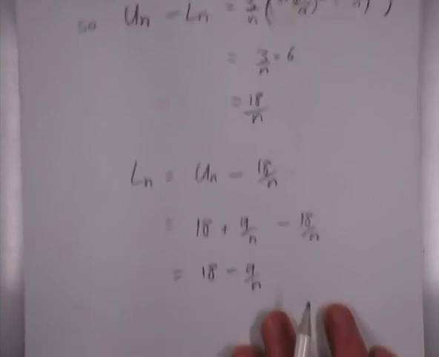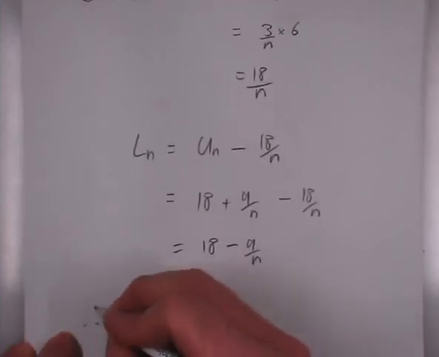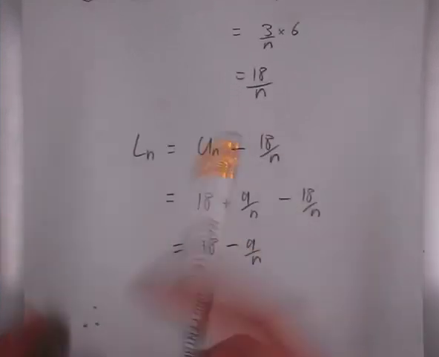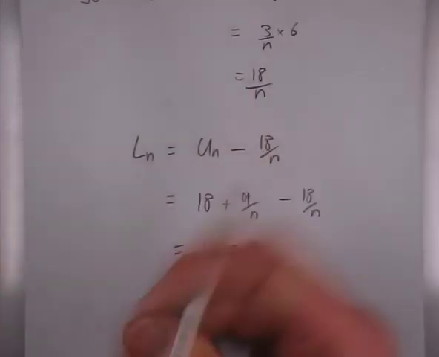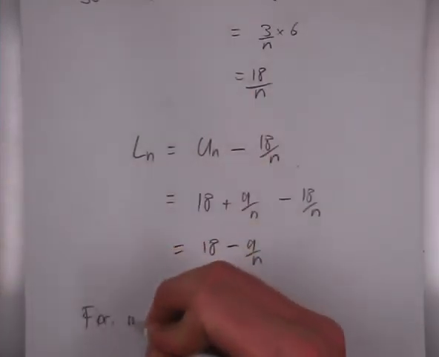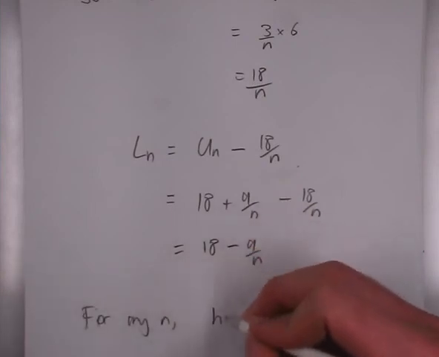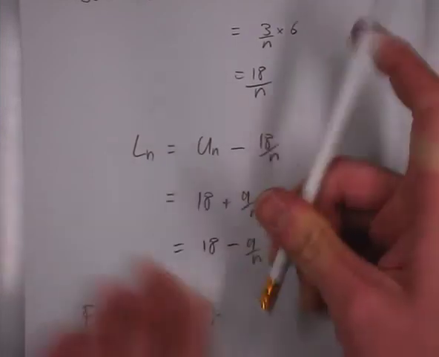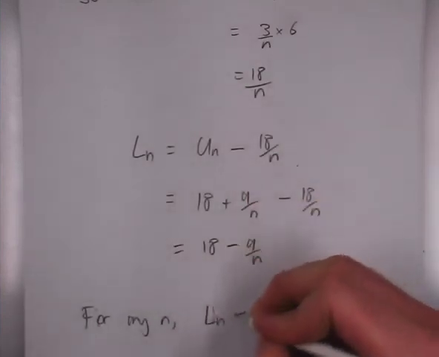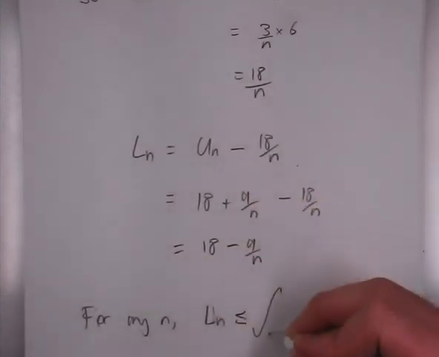So we say that for any n, the lower sum is less than or equal to the integral, which was from 1 to 4, was it?